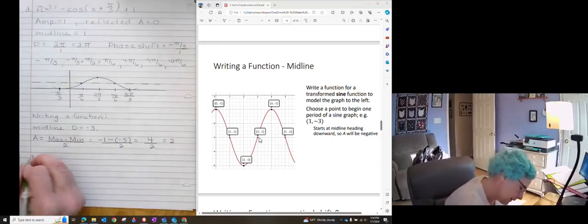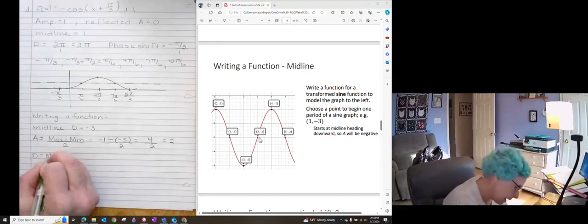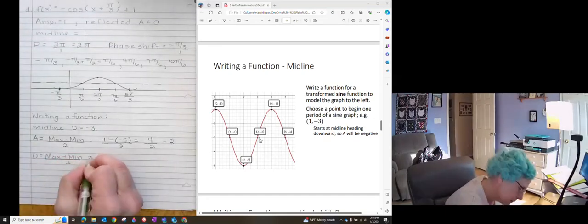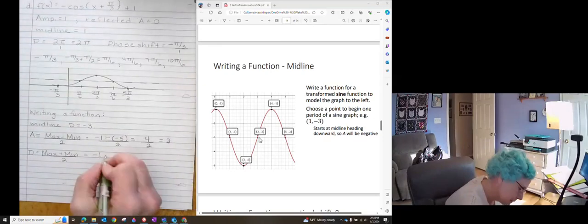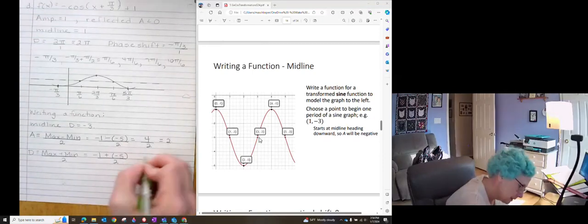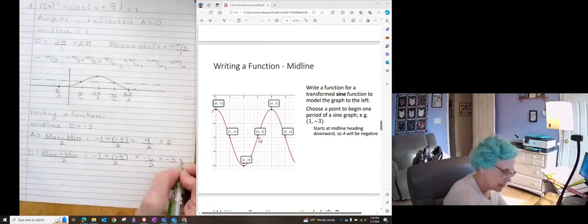Now, if I didn't figure out D by eyeballing it, it's equal to the max plus the min over 2, which is -1 plus -5 over 2, which is -6 over 2, which is -3.